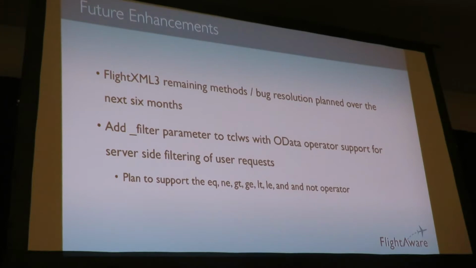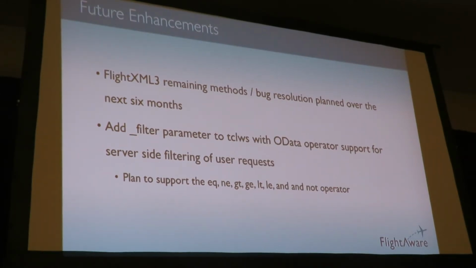In terms of what's next, we have a few things we've discussed adding. In FlightXML 3 we have quite a bit of work left to do just on the implementation, but we had talked about adding the ability to take a filter from the user that would allow us to do some filtering server side for them. One of the options we discussed was using OData operators to do that.